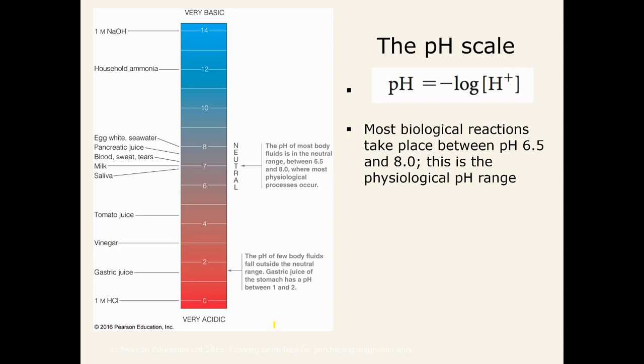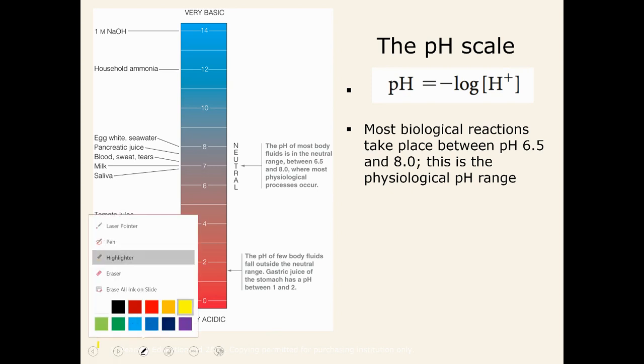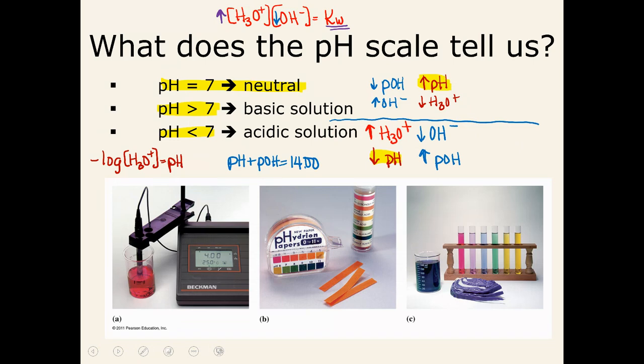Here's a scale that you've probably seen before of very acidic solutions and very basic. Our acidic ones are like hydrochloric acid, gastric juices, vinegar, tomato juice. I'm sure you've seen this graphic before. For biochemistry, it turns out that we have a very narrow range that is important for us.